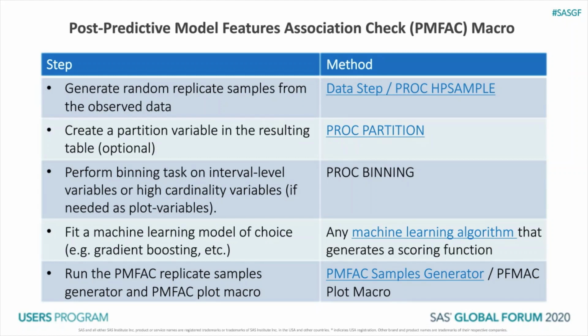And the first thing the PFAC macro does is to create the replicate samples of the training data or the validation data or the test data, and then generate plots that can be used to explain the relationship between the features and the model predictions, or to also assess the model fit of the champion model.